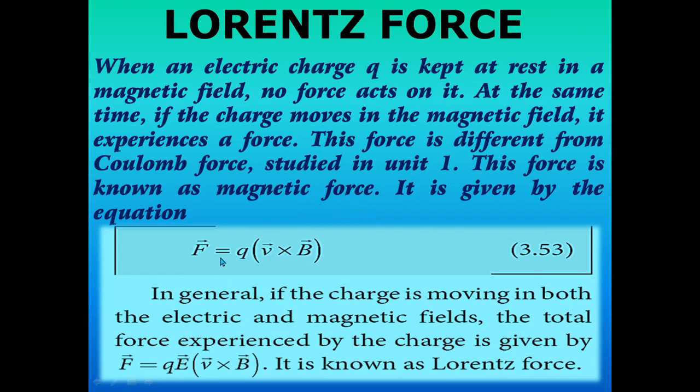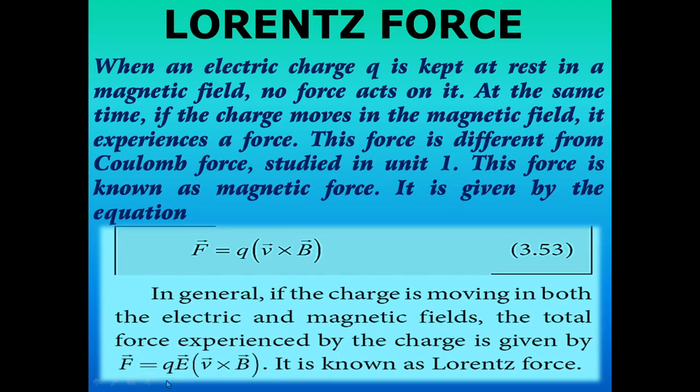So the equation is F vector is equal to Q into V vector cross B vector. If the same charge is moving in both electric and magnetic fields, the total force experienced by the charge is given by F vector is equal to Q into E vector plus V vector cross B vector.